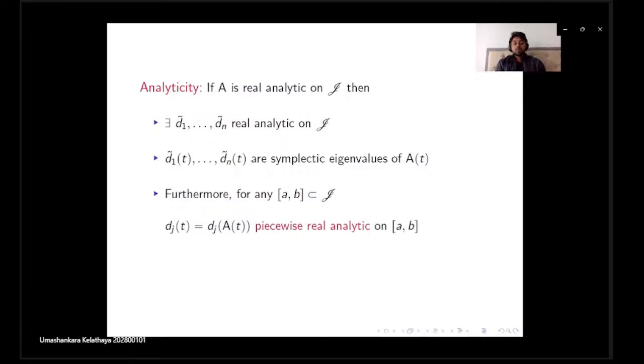But what can we say about the symplectic eigenvalues if we consider a particular ordering, say increasing order? We still get something nice. If we consider any closed subinterval [a, b] of the interval I, and d_j(t) is the jth symplectic eigenvalue of A(t), then this map turns out to be piecewise real analytic on the subinterval [a, b] as well. Now, this was a pretty interesting result because as a consequence of this, we were able to get something nice.